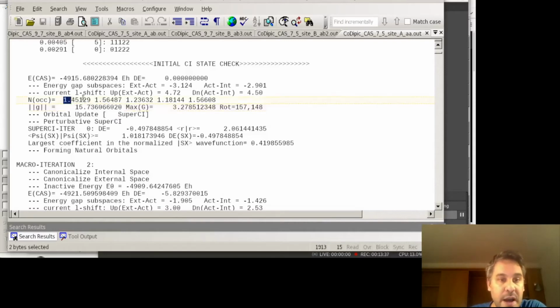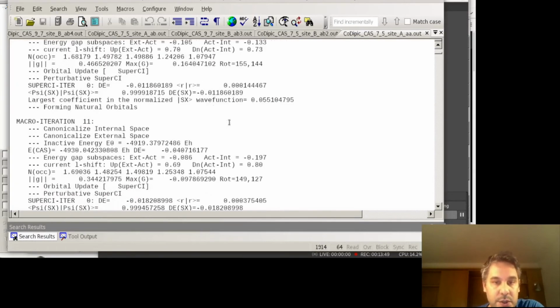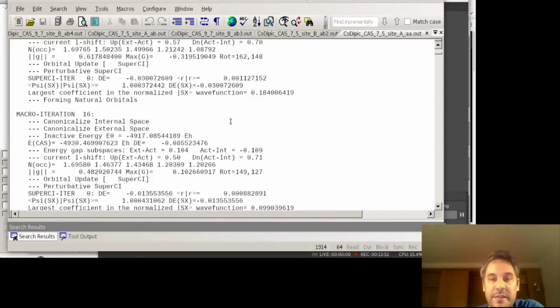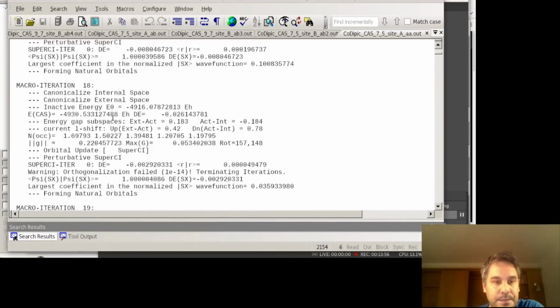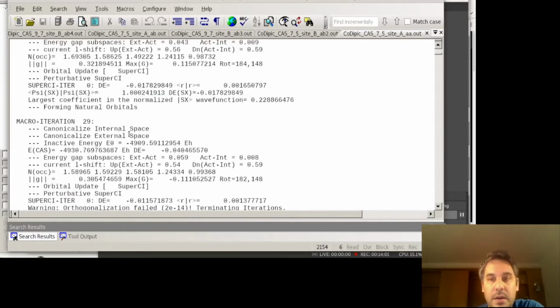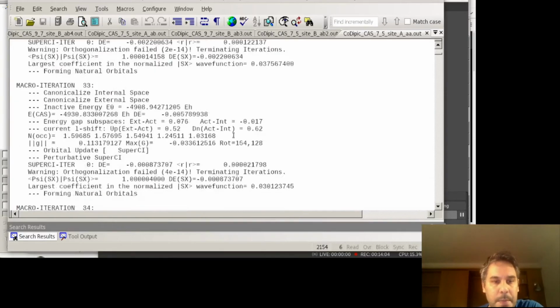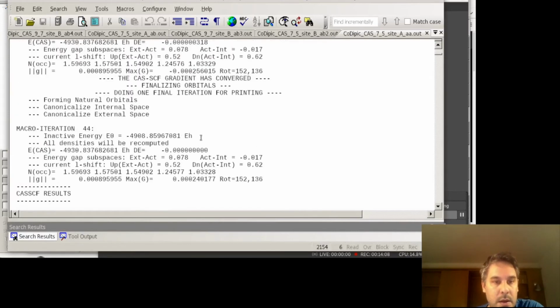These are occupation numbers for the different orbitals, and this is, for example, rotating orbitals which are in the active space with orbitals which are outside. After a set of iterations which went on really fast, this G number is decreasing. When it decreases enough, the CASSCF converger signals convergence, and then we get to the end. So this took 44 iterations.